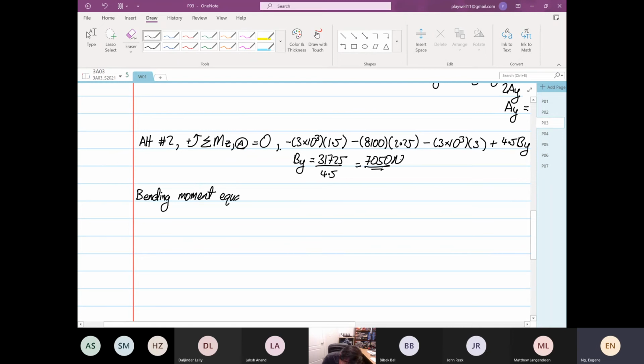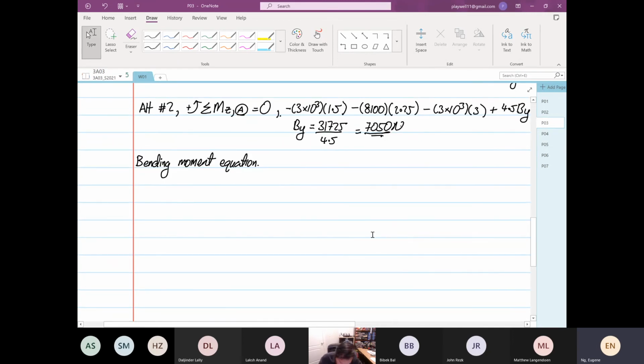I know there's a lot of recap. Probably you guys have done this in 2P before, but I want you to remember. The limit we're going to have down here is 0 to x up to 1.5 meters.